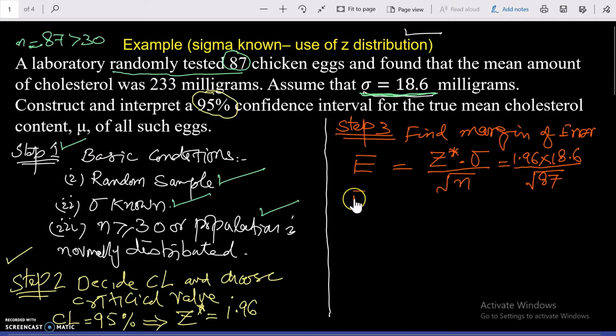When I plug in these values and compute, my answer comes out to be 3.91 rounded to 2 decimal places. This is the margin of error I have computed.